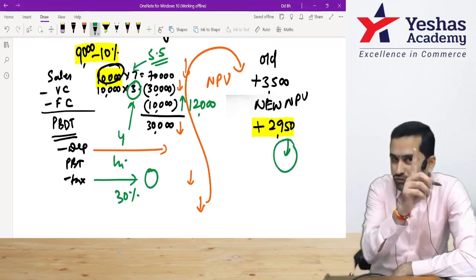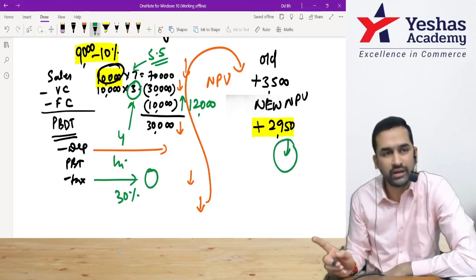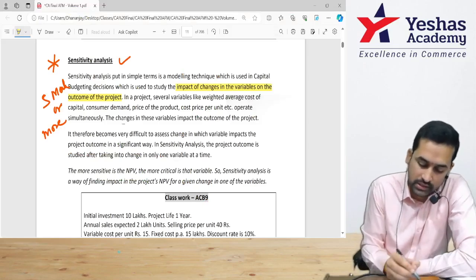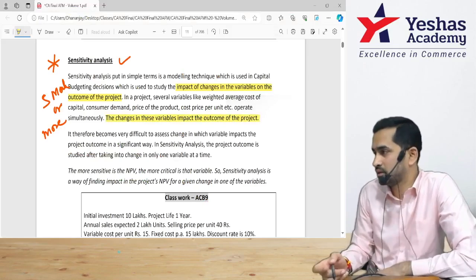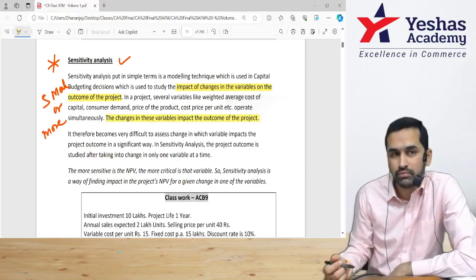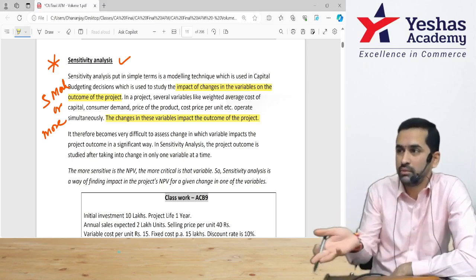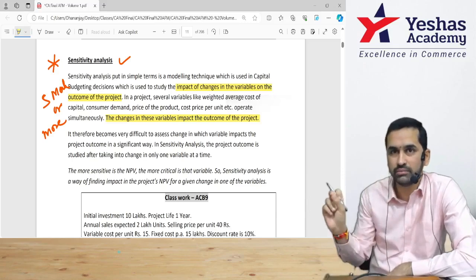That means even if one item goes wrong in your estimation, NPV is going to get disturbed. And that's what they said: the change in these variables will impact the outcome of the project. More than one thing can also happen at the same time. What if selling price goes down and variable cost goes up? Together can also happen. It's not always one item at a time.